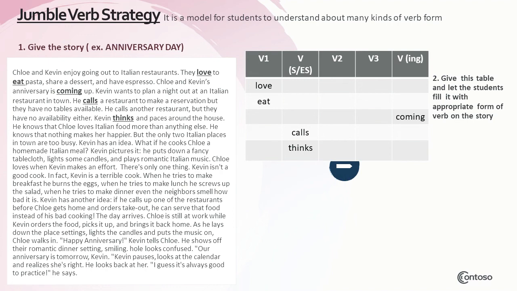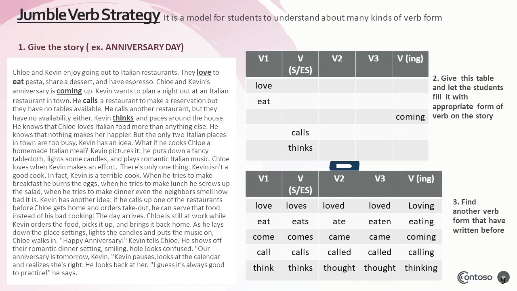Secondly, give this table and let the students fill it with the appropriate form of verb from the story. That is verb 1, verb adding by S or ES, verb 2, verb 3, and verb ing. The last is find another verb form that has been written before.